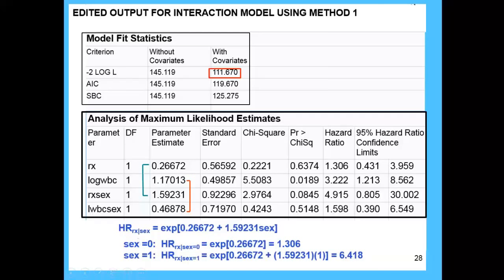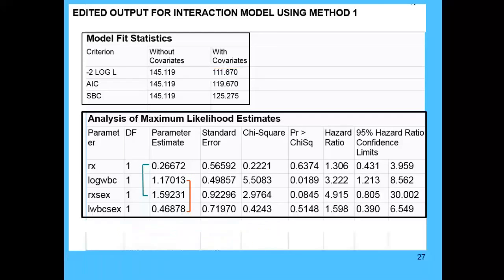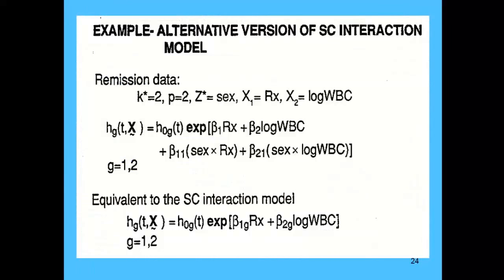Does this look like the right formula? Go back to this model. If this was your model, what's the formula for the hazard ratio for the effect of treatment adjusted for sex? Even though the model's not hierarchically well formulated, I'm telling you it's okay.